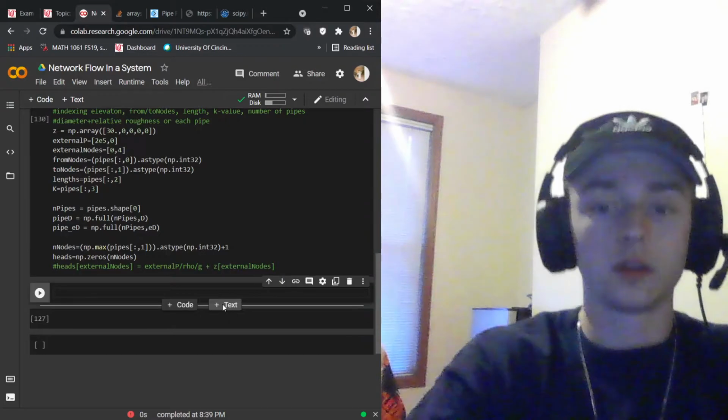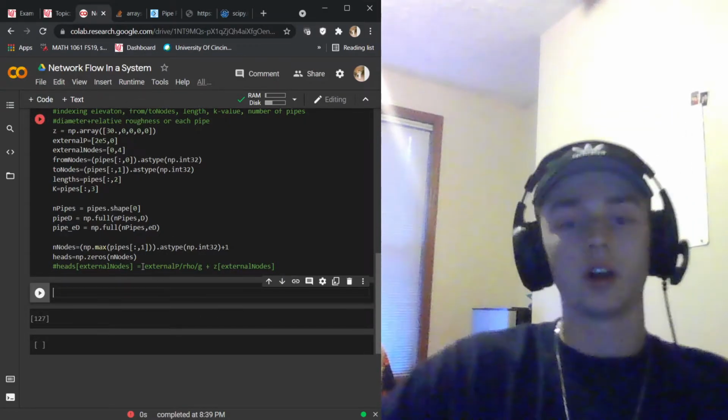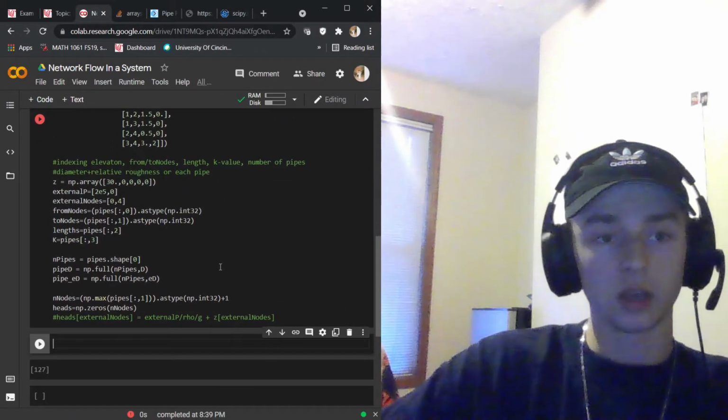But this line is supposed to give us the head elevation of the external nodes in the system, and why it's not working is confusing.